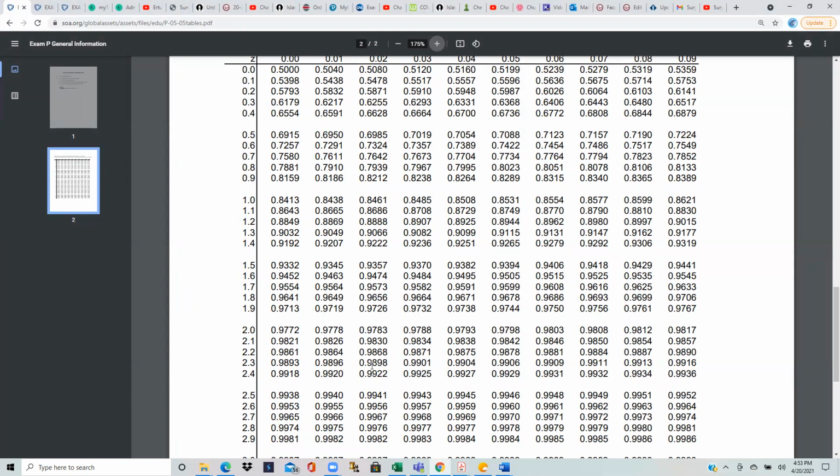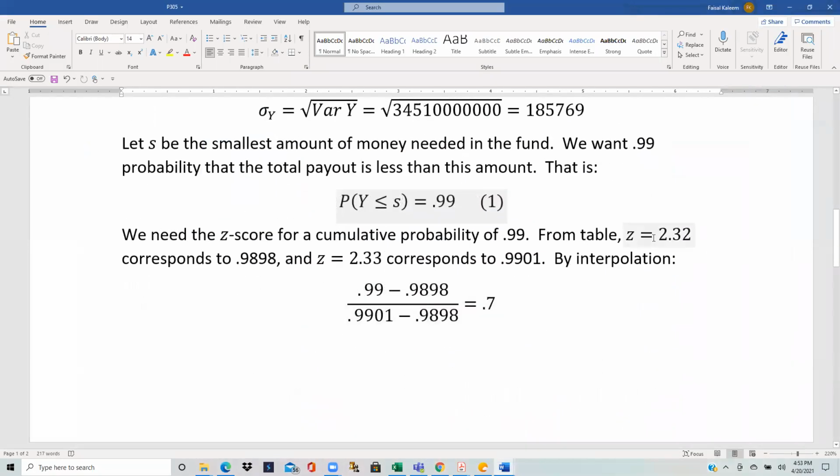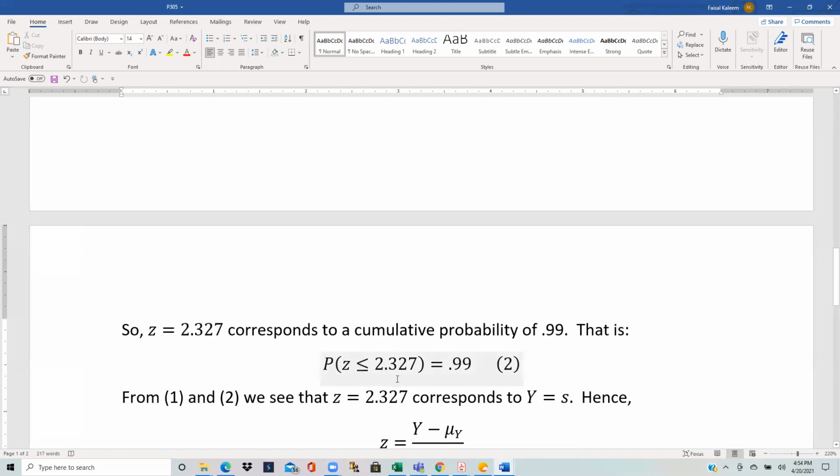So 0.9898 corresponds to 2.32, and 0.9901 corresponds to 2.33. So we do the interpolation as usual, which comes out to be 0.7. Therefore, z equal to 2.327 corresponds to a cumulative probability of 0.99. So we have probability z is less than or equal to 2.327 equals 0.99.